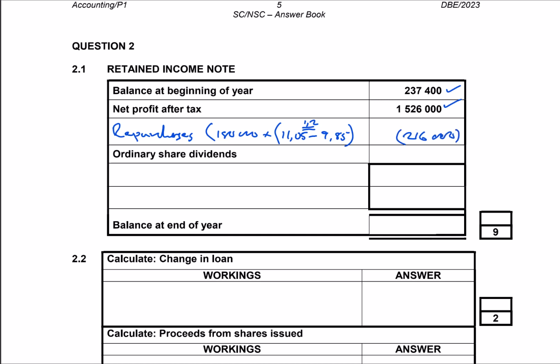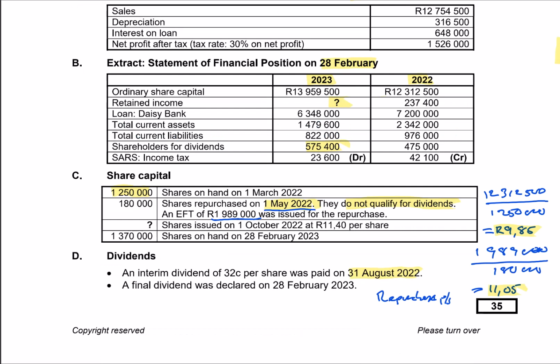Right, then dividends. When it comes to dividends, you're told that the interim dividend is 32 cents per share, and we had 1,250,000 shares and 180,000 were repurchased. And they say the ones that were repurchased don't qualify for the dividend.